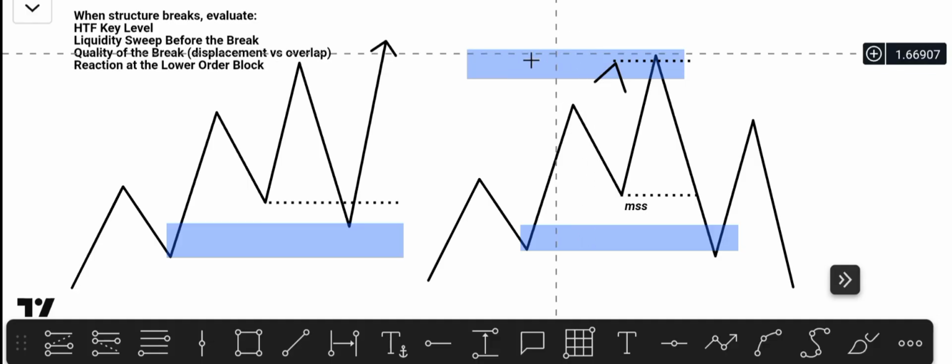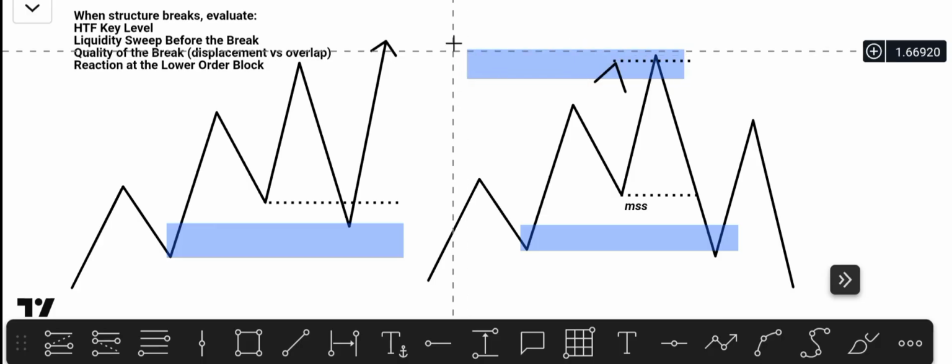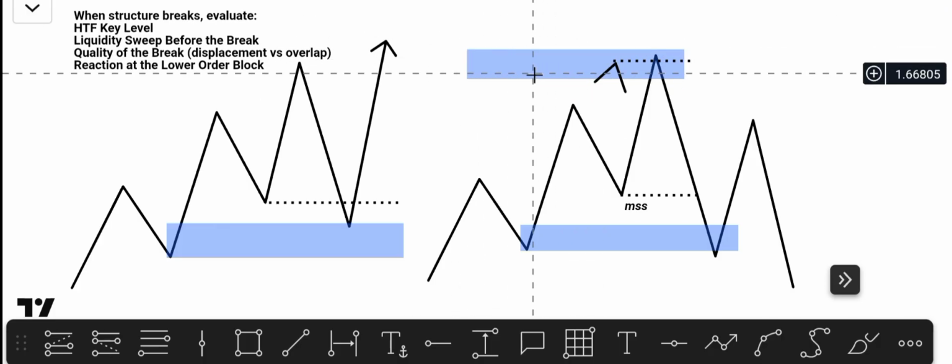One of those reasons is that price trades to a higher time frame key level. Before price will switch structure, before price will change the state of delivery, it usually taps into a higher time frame key level, and that higher time frame key level will be the catalyst to the reversal you are seeing. Or it can actually be that price has traded to an all-time high.